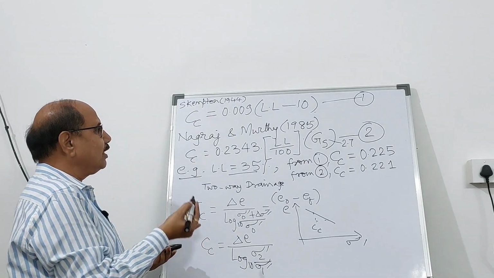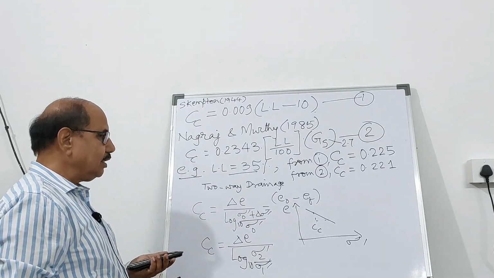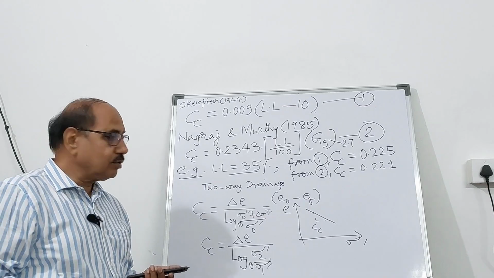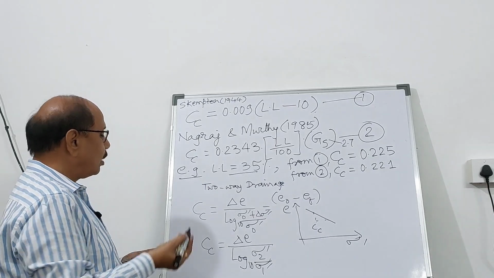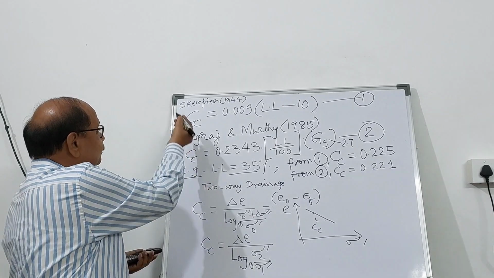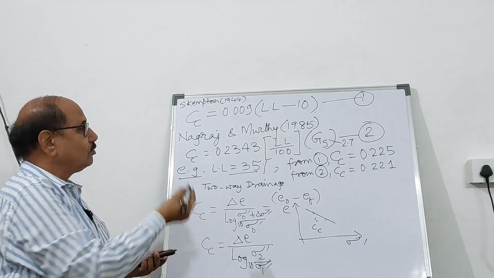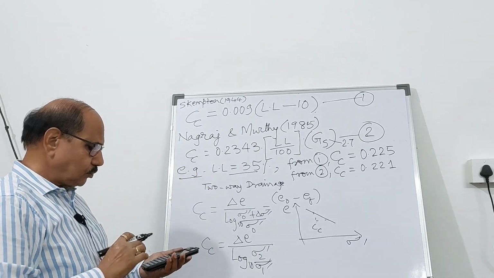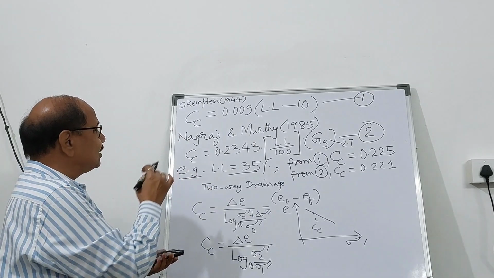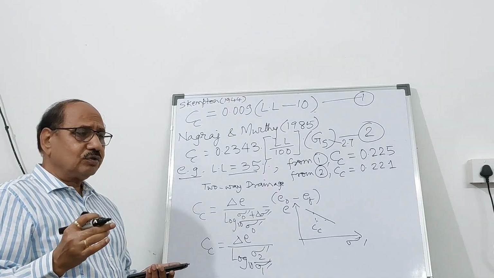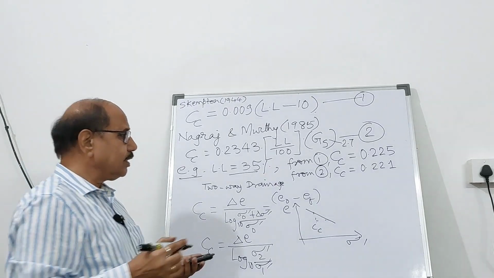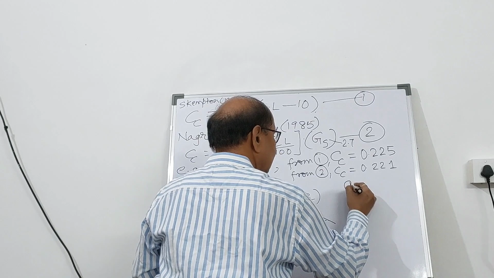So you can calculate very easily the value of Cc by performing one-dimensional consolidation test, or from the empirical relationship. So last time I have talked about coefficient of compressibility, av.